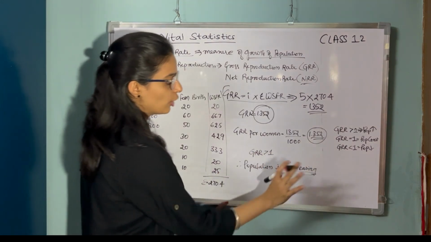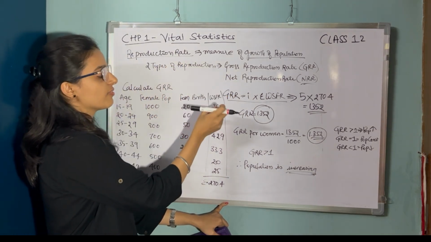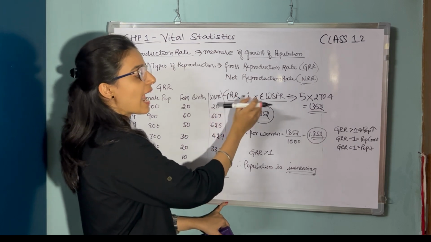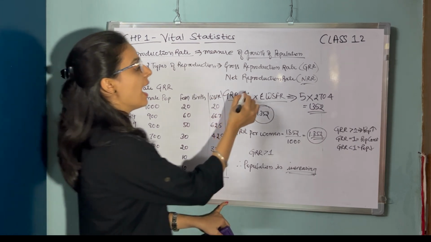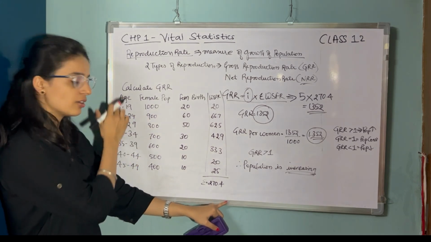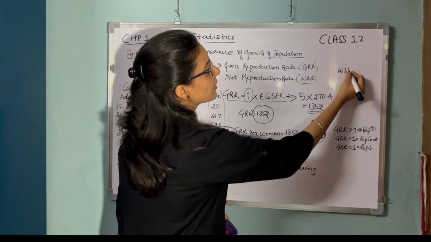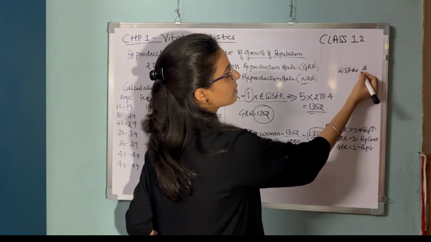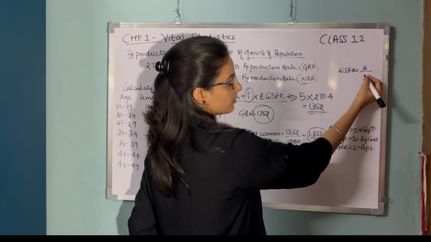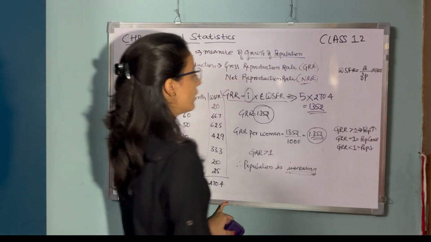So this is the end of our problem. First, the formula for GRR is I into summation WSFR. I stands for the magnitude of age groups, which is 5 here. WSFR is live birth of females of childbearing age over the female population of childbearing age into 1000.